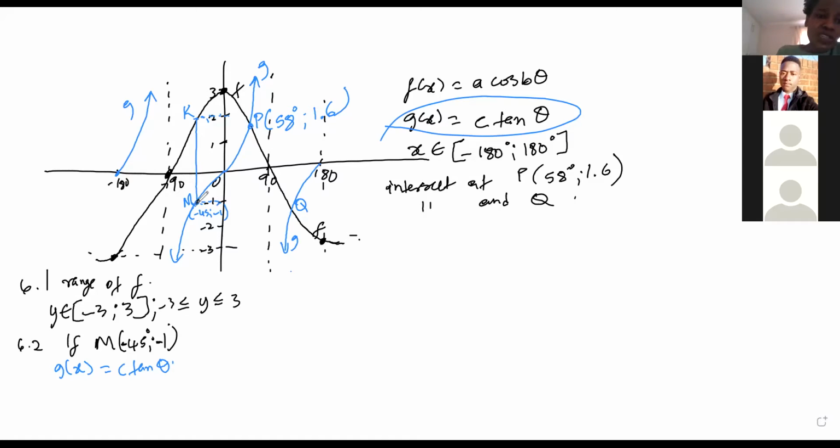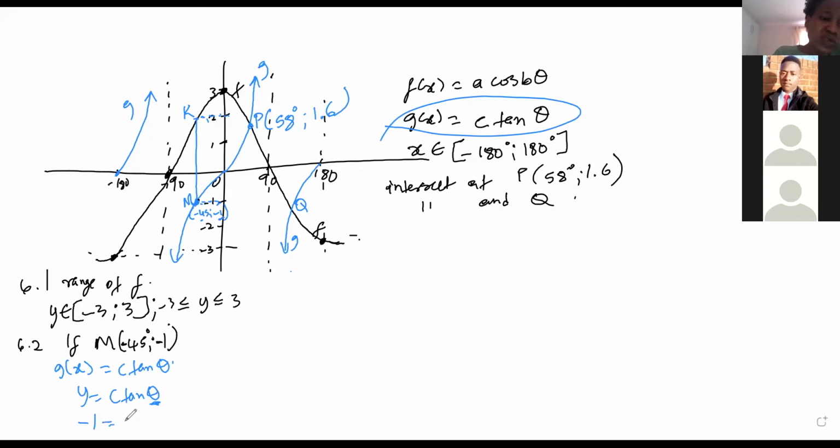So you see we've got the points on the graph. The graph is y = C tan theta, and we know the value of x on this graph. We know x is -45, and x is theta in this case, so theta is -45. We know the y value is -1.